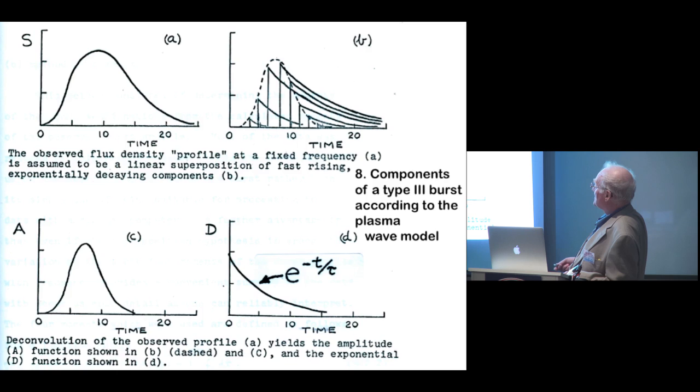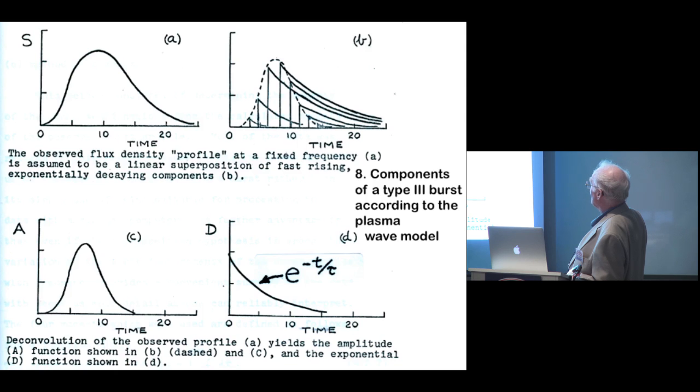Now this slide shows these two components or effects in the burst separated out, or as mathematicians would say, deconvolved. The A part of the slide shows the profile of a typical type 3 radio burst in this wavelength range.